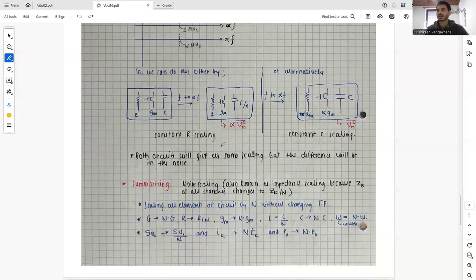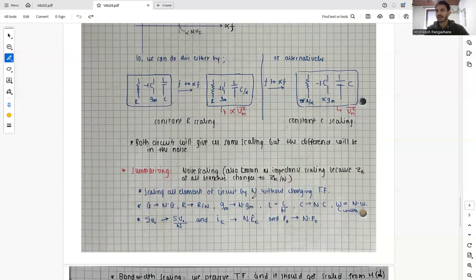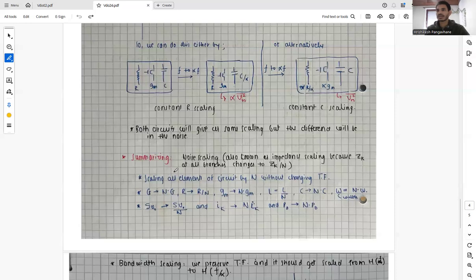So in both cases, let's summarize the noise scaling. It is also known as impedance scaling, because impedance at all the branches changes by the scaling factor. Here, we scale all the elements of the circuit by a factor of n without changing the transfer function. Our conductance changes to n times conductance, or resistance to R by n.